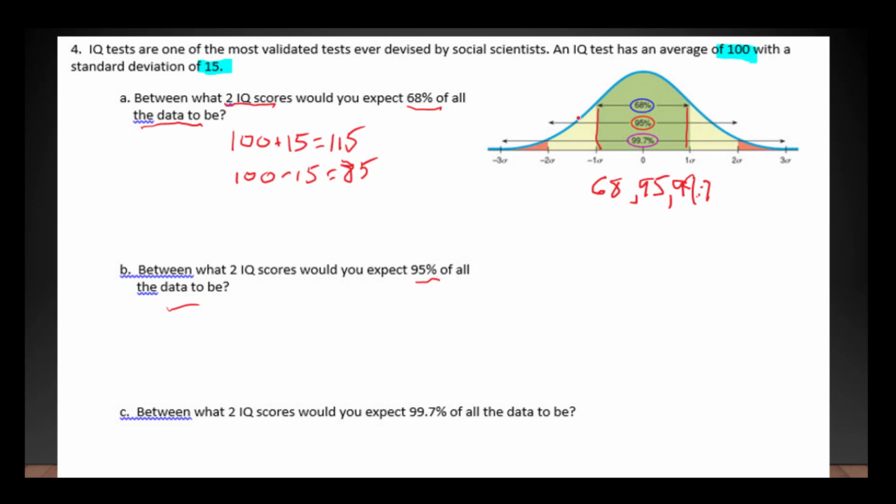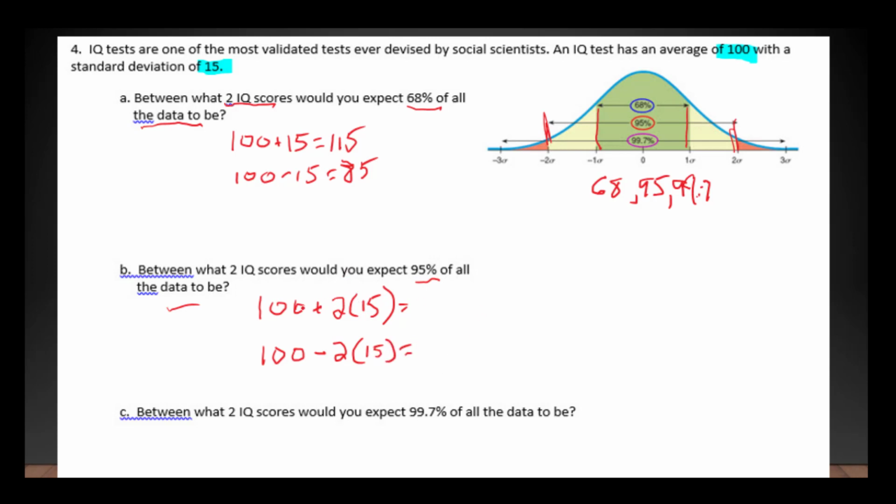Between what IQ scores would you expect 95% of all the data to be? So 95% is plus or minus 2z. I'm just going to take the IQ average and add 2 standard deviations. And then I'm going to take the average of the data, which is 100, and subtract 2z, or 2 standard deviations.